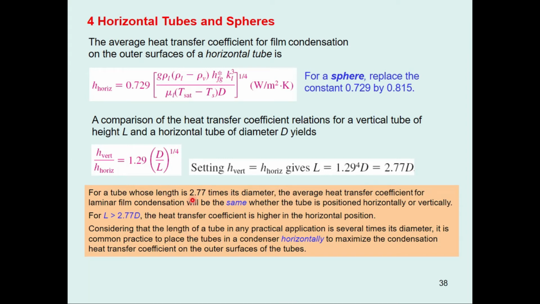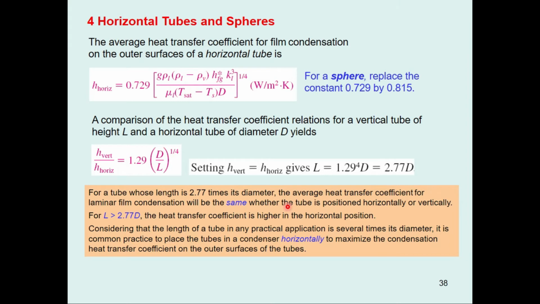This is very important because ultimately you have to design the heat exchanger, and it will help you a lot. For a tube whose length is 2.77 times its diameter, the average heat transfer coefficient of the laminar film condensation will be the same whether the tube is positioned vertically or horizontally.